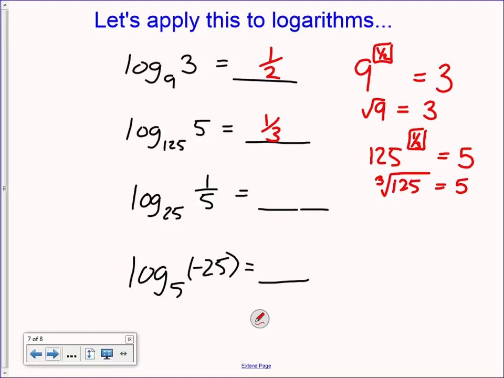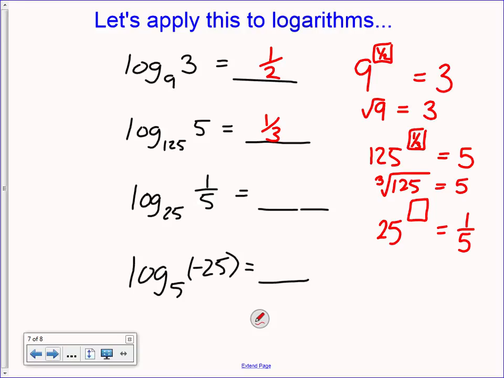Okay, for our next one, we have log base 25 of 1/5. So, again, we're thinking 25 to what power equals 1/5? Well, the first thing I want you to notice is that we're looking for a fraction. So, in order to flip it, our exponent would have to be negative.